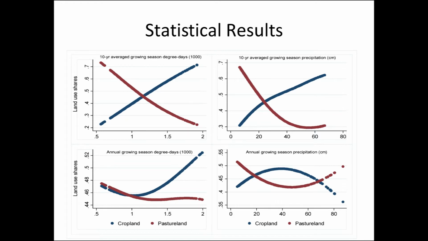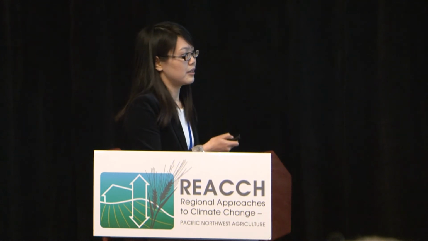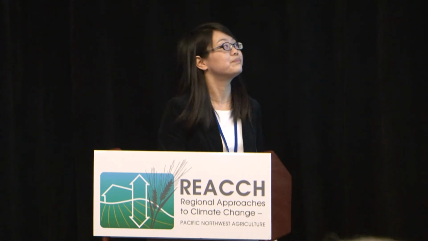And the top two graphs show the 10-year average climate effects on land use shares, and the bottom two show the annual climate effects on land use shares. You see the difference with the 10-year average. Actually, it gives farmers a long time to adjust the land use, but within the annual, it is very difficult, so the land use adjustment is limited.